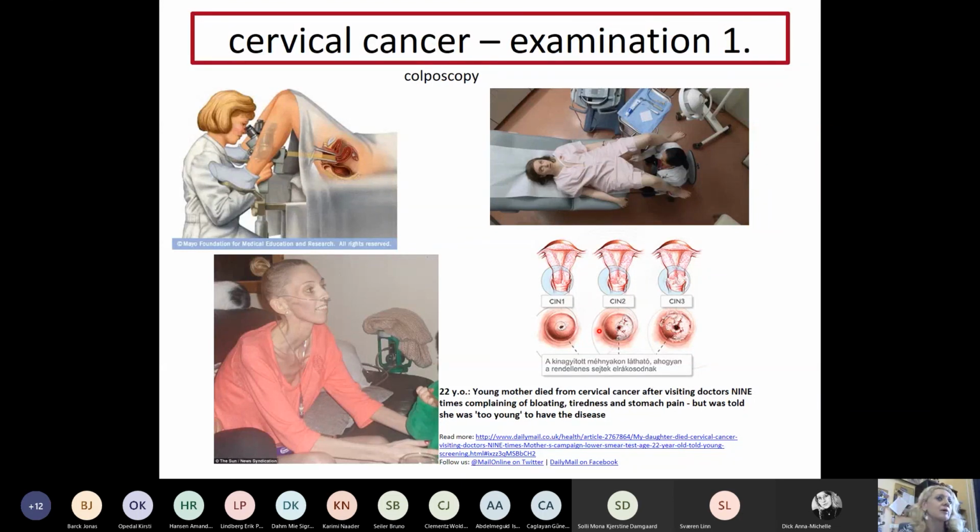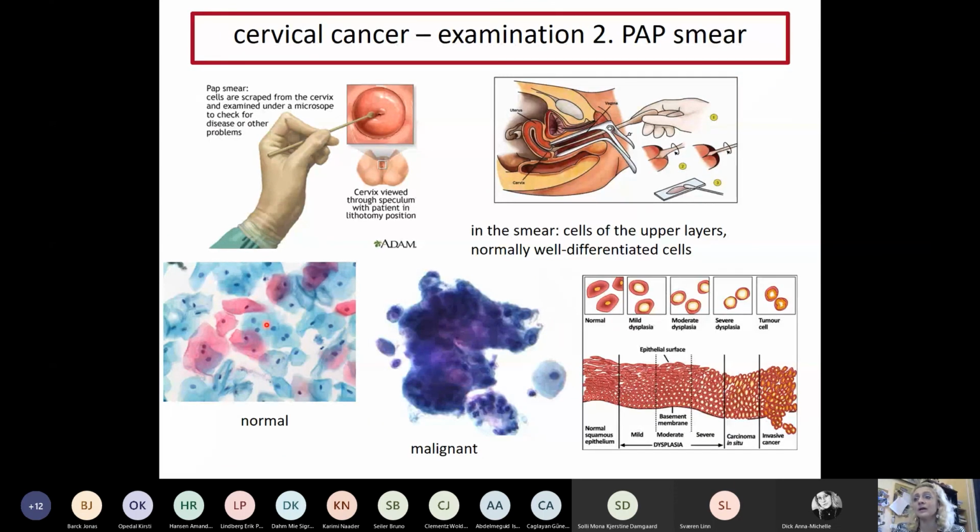Just that part can be removed, and it can be 100% cured if somebody goes to checkup. And unfortunately, it's not a cancer of only old people. Young women can have it too. So this checkup with the smear, you see the nice normal looking cells, and this is a malignant transformation. It's a very easy exam and very important.